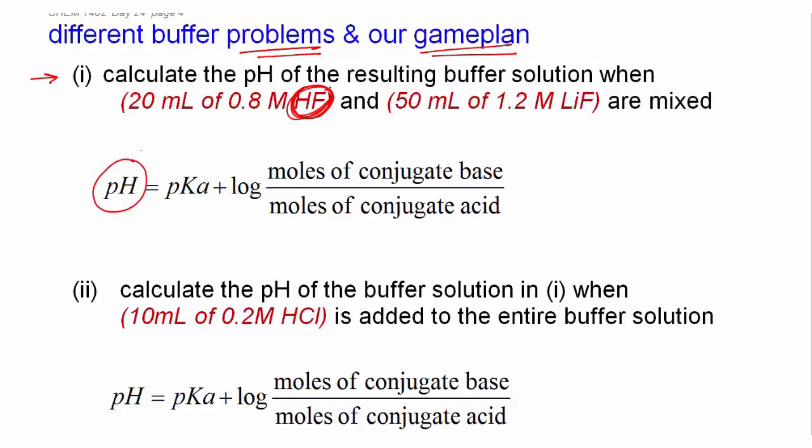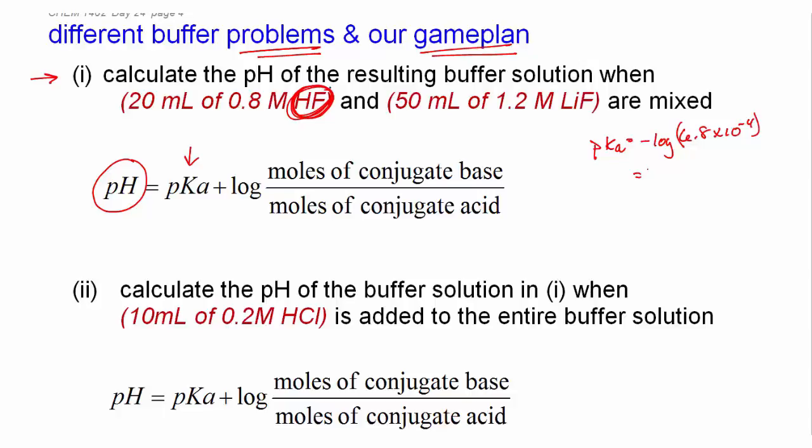Let's start by looking up the pKa, right? Well, we can't find the pKa, but we can find the Ka. And the Ka of hydrofluoric acid is 6.8 times 10 to the negative 4. So pKa would be the negative log of 6.8 times 10 to the negative 4. What's that?